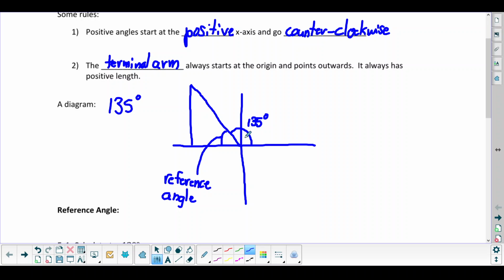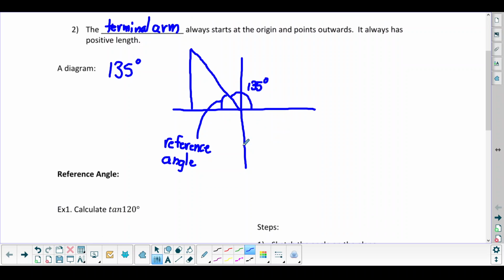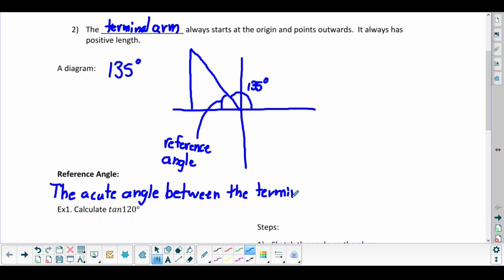The reference angle is something we're going to use in a little bit. A reference angle is the acute angle between the terminal arm and the x-axis. Acute just means an angle between 0 degrees and 90 degrees.